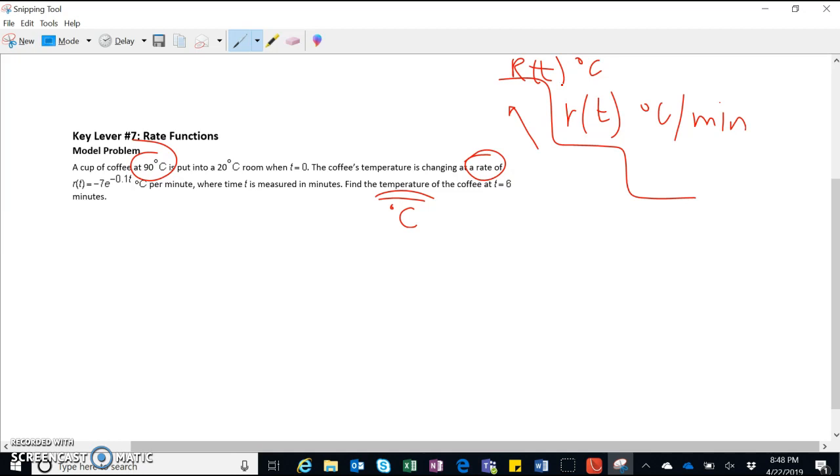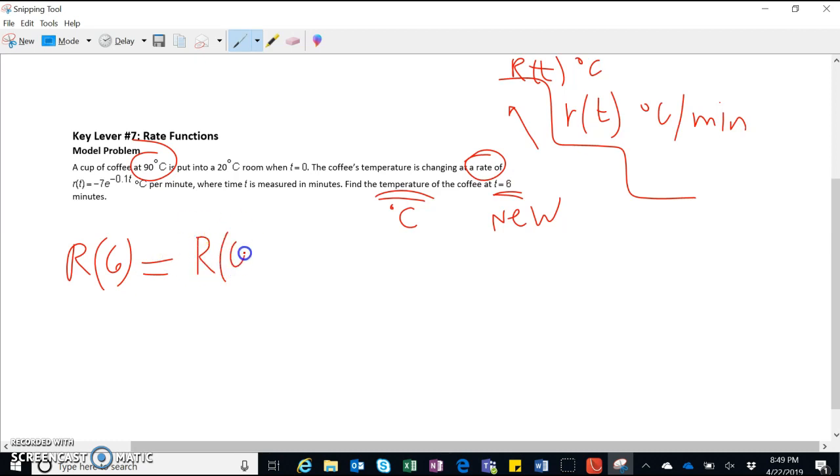So this is actually going to combine a previous key lever in the context of this rate situation, because I'm also asked to find the temperature specifically at t equals 6. So another way to annotate here is I'm really requesting this new value. What is big R of 6? Well, big R of 6 is equal to old plus change.